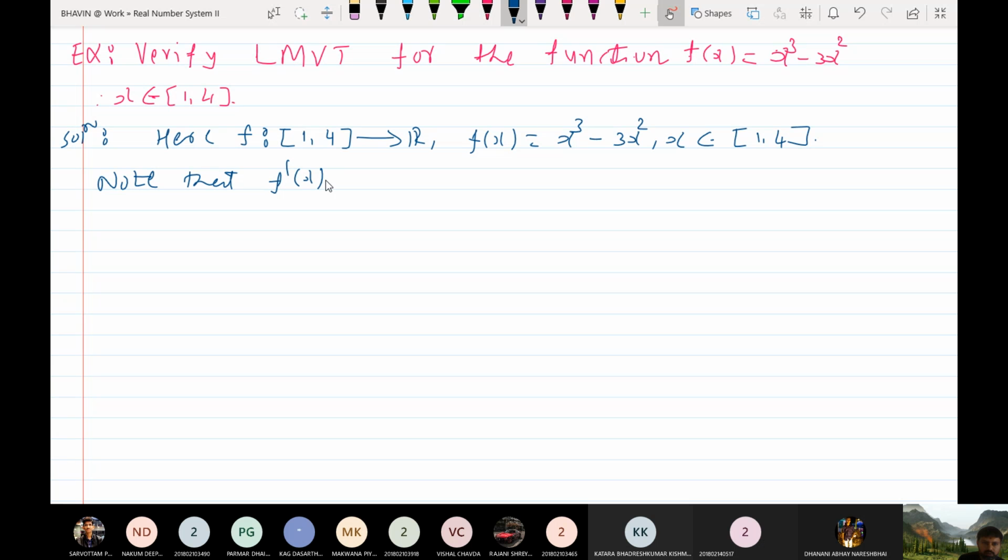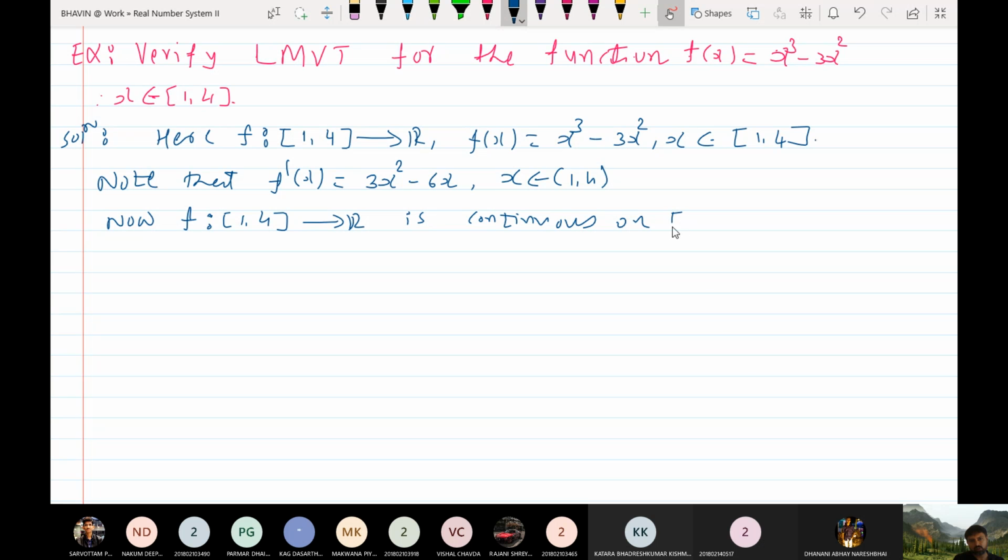What is derivative? f dash x is equal to, what is derivative of x cube? 3x square minus 6x. x belongs to 1 to 4. Now f is continuous on this closed interval, f from open interval 1 to 4 to R is differentiable.